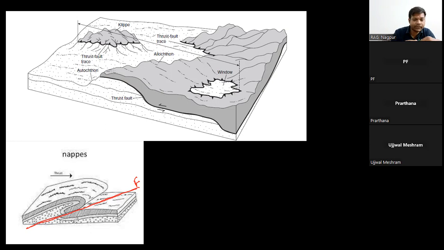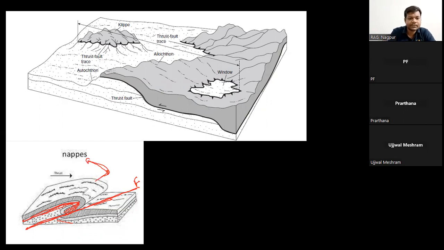Essentially it is folding this area, and this area will come on the surface like this, and it will form a nappe structure.